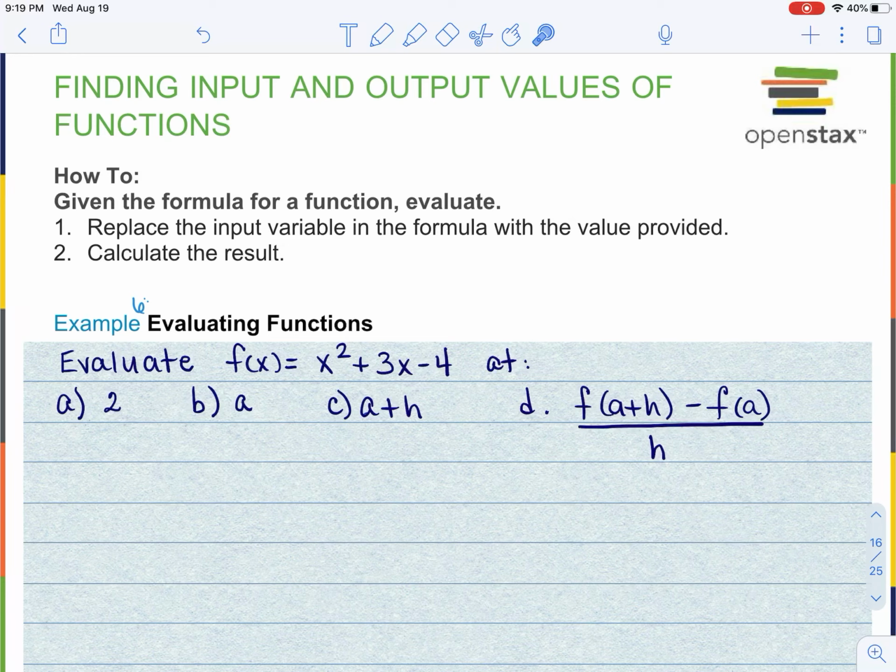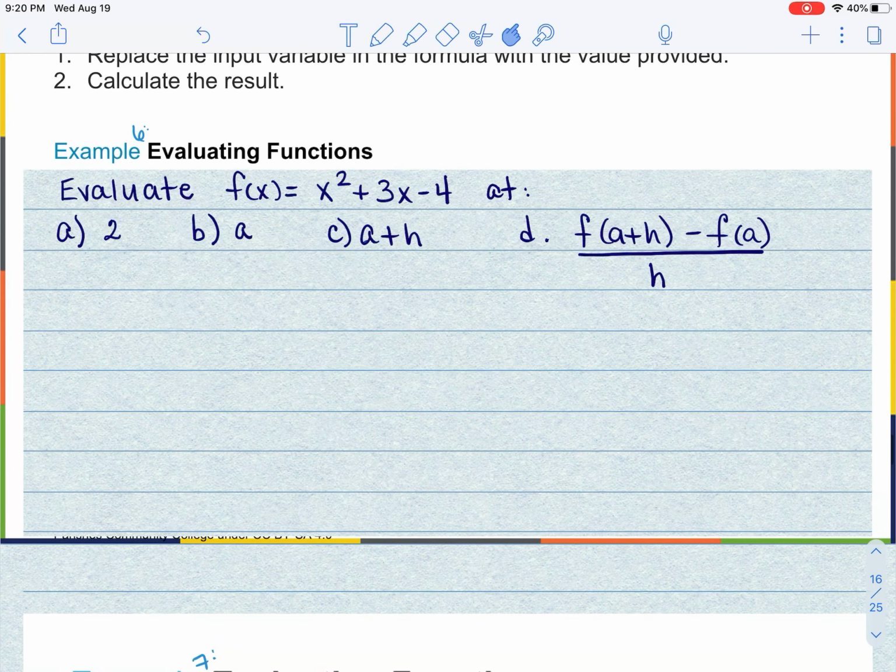So basically what they're saying is when the x value is this, what would the output value be? So we're going to substitute the input variable that they give us into this formula, and then we're going to calculate the results. We're going to make sure that we use all our math rules and our orders of operations and all of that fun stuff to get there, but basically we're just substituting in numbers.